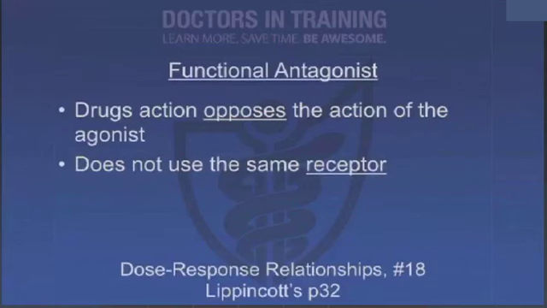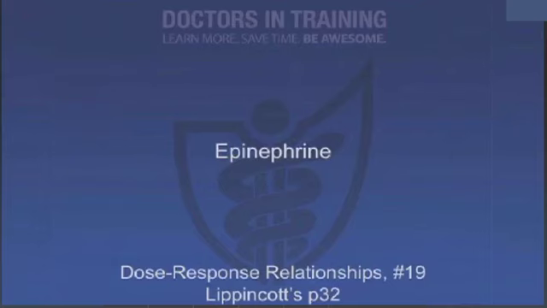And sometimes we'll talk about drugs being functional antagonists or physiologic antagonists. This means that the drug's action opposes the action of the agonist, but it doesn't really use the same receptor to do that. It's not really an antagonist in the classic sense, but the end result is the same. So the example in the book is epinephrine as a physiologic antagonist of histamine. For example, if you've got a patient who's having an allergic reaction, they're having a lot of histamine circulating, and that histamine is causing bronchospasm.